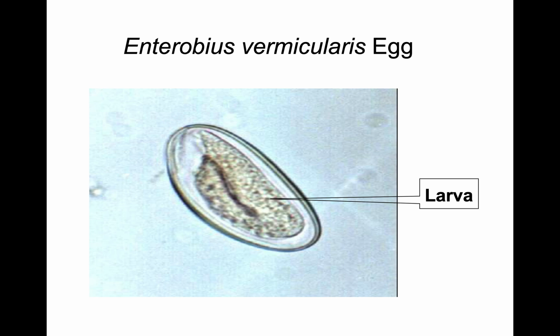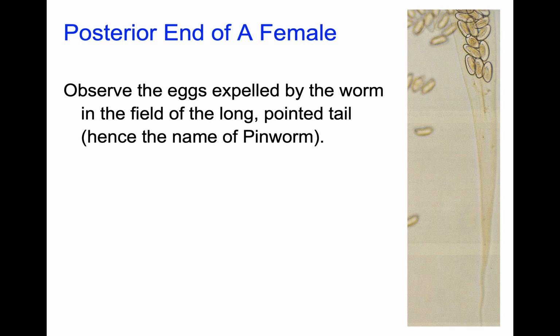There's a larva inside. This is another picture showing the pinworm egg. You can see in the middle of the egg there's a larva, and in this picture you can see the body, and you can observe the eggs expelled by the worm in the field of the long pointing tail.